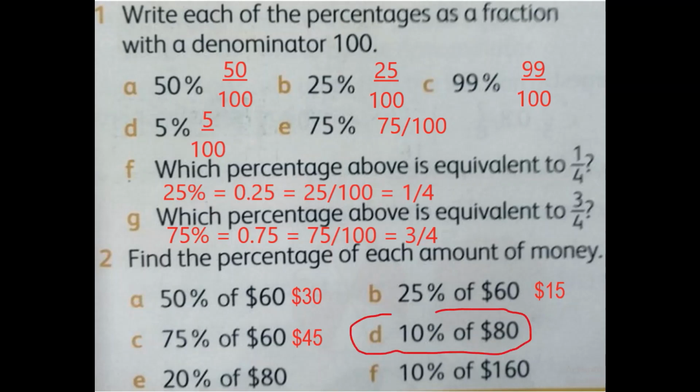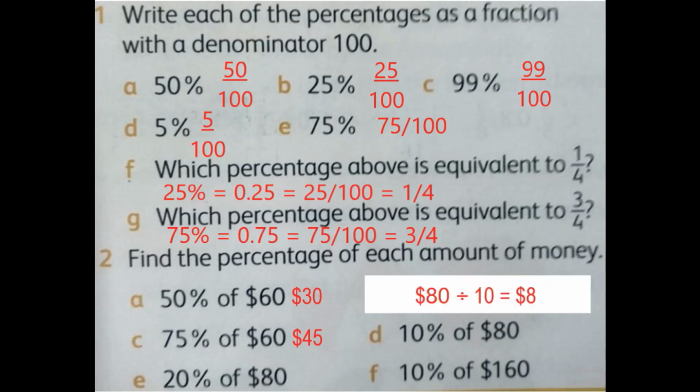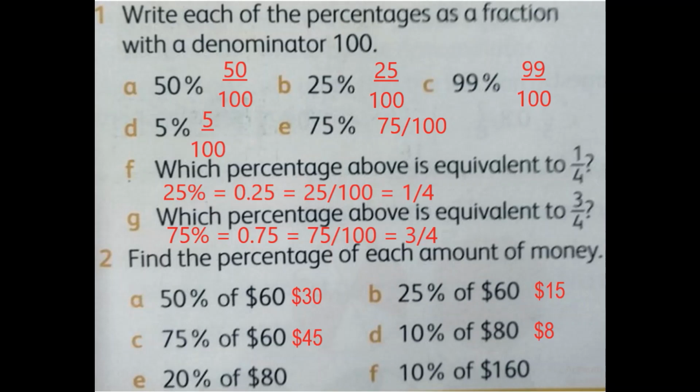Number 2D, 10% of $80. I'm going to take the $80 and divide it by 10, and my answer is going to be $8. So I know that 10% of $80 is $8. For 2E, 20% of $80, well, I just figured out that 10% of $80 is $8.